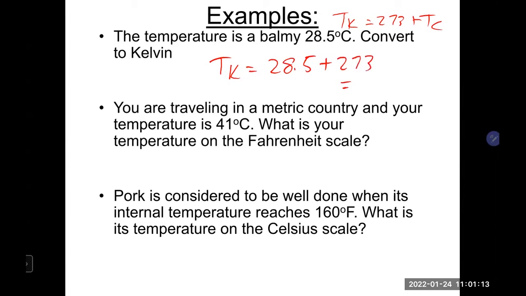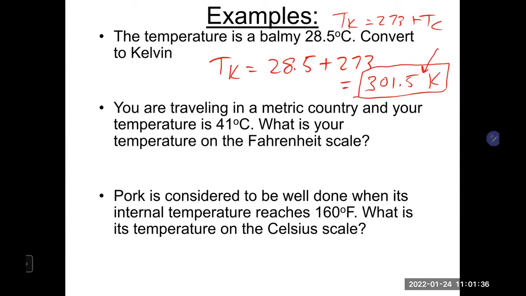That gets you 301.5. And again, here it is Kelvin, so no degrees or anything like that. Should just be a capital K next to it. Any questions on that there?